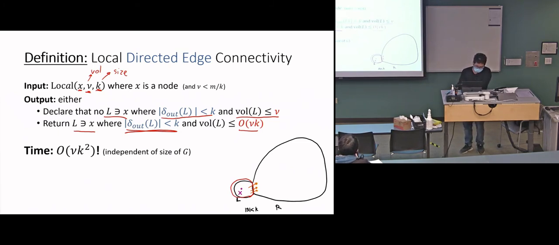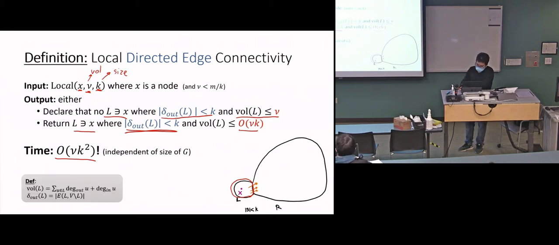Now, I'm going to tell you how to do this in time nu times k squared. It doesn't depend on the size of the graph at all. Without this k factor, it's harder. Without the k factor, this is W1 hard, actually.